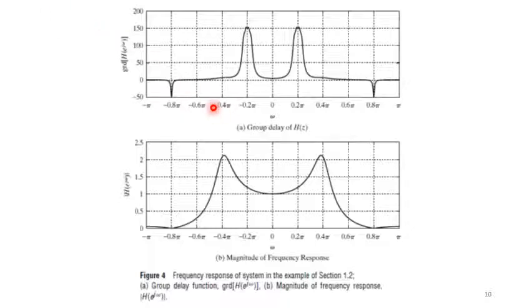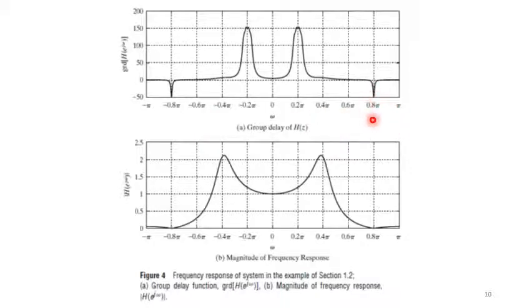So here we have an interesting observation, because we can see the unwrapped, right? This is the unwrapped phase response, and we can observe that it is monotonically decreasing everywhere except at omega equal to plus or minus 0.8 pi, right?